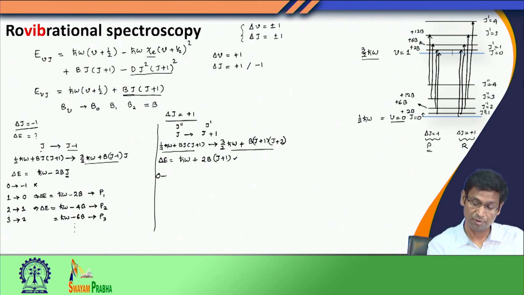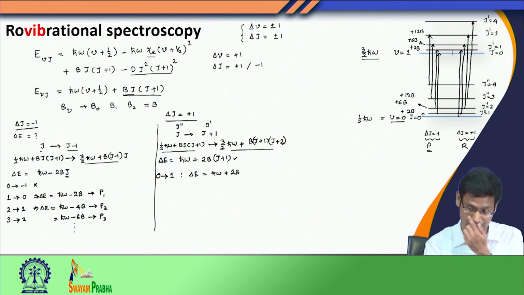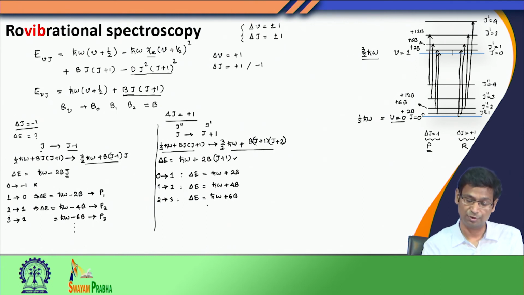Suppose we start from j equals 0 to j equals 1, that transition will have delta E of h bar omega plus 2 b, because j is 0. So the j plus 1 is 1, and the 1 to 2 transition delta E would be h bar omega plus 4 b, the 2 to 3 transition will be delta E equals h bar omega plus 6 b, and so on and so forth.